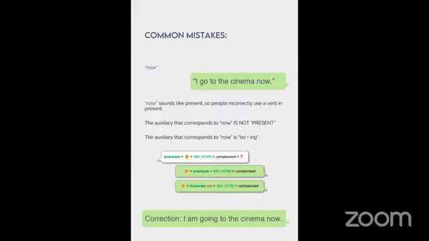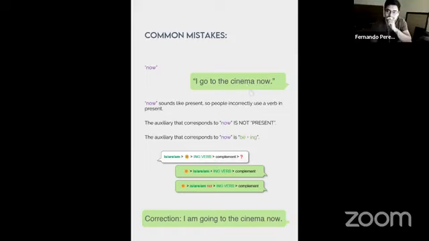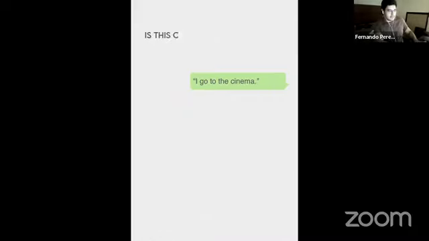In the first example, I go to the cinema now, is correct if you remove the word now. Only I go to the cinema. Correct. But now let's talk about that. What happens if you only say, I go to the cinema? Is this correct?